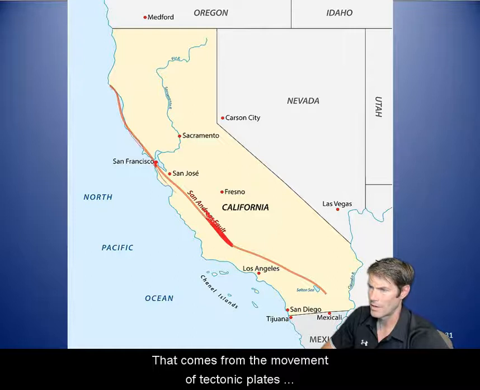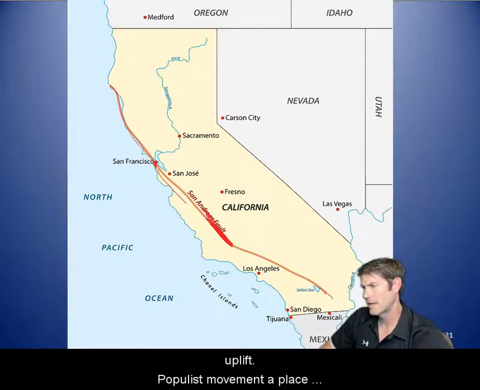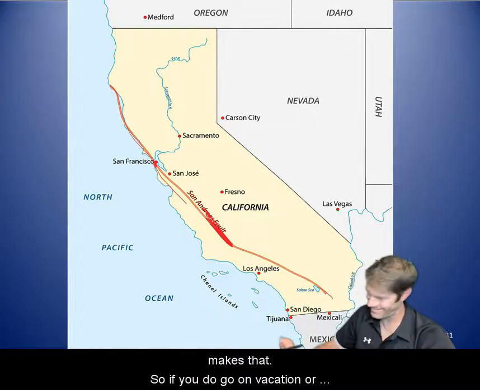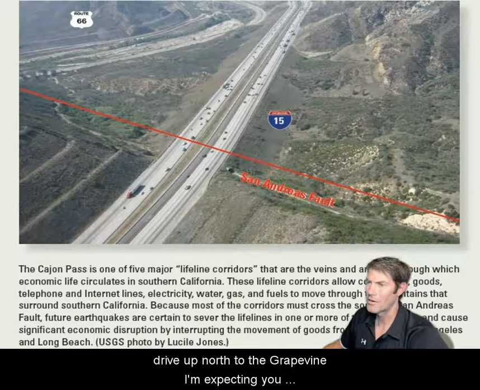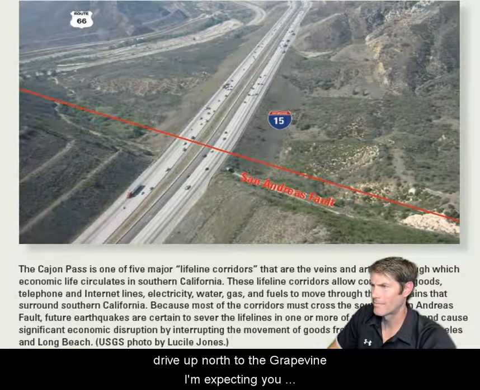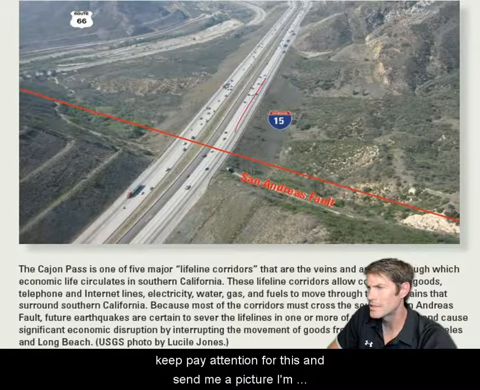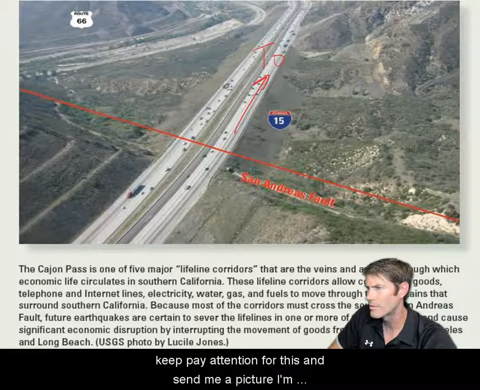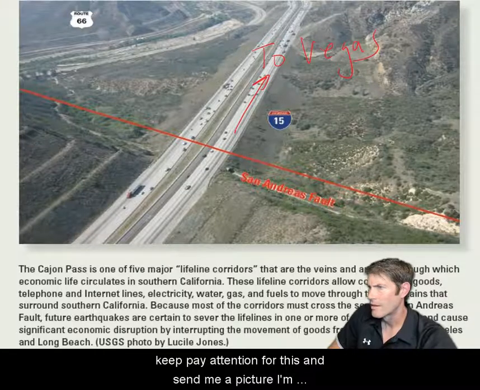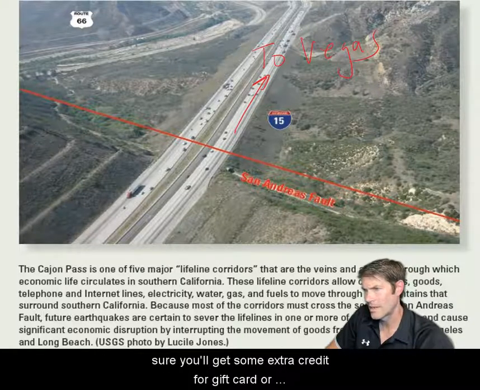It just kind of moves right along our coast until it pretty much runs out at the Salton Sea, Palm Springs, Coachella, which I'm sure you guys have heard of. If you're going to Vegas, that's to Vegas here, I believe. On the 15, that San Andreas Fault goes right across.